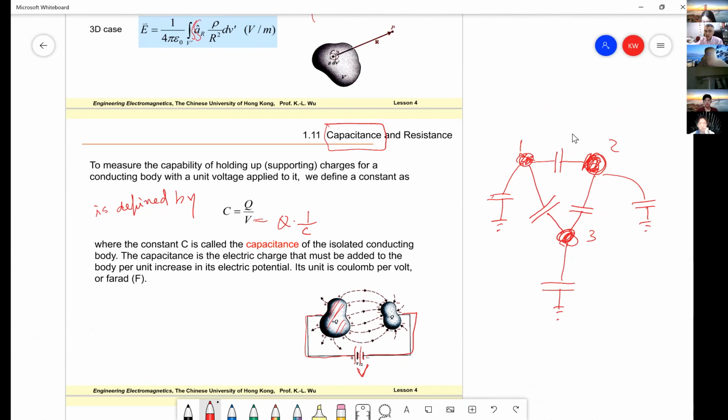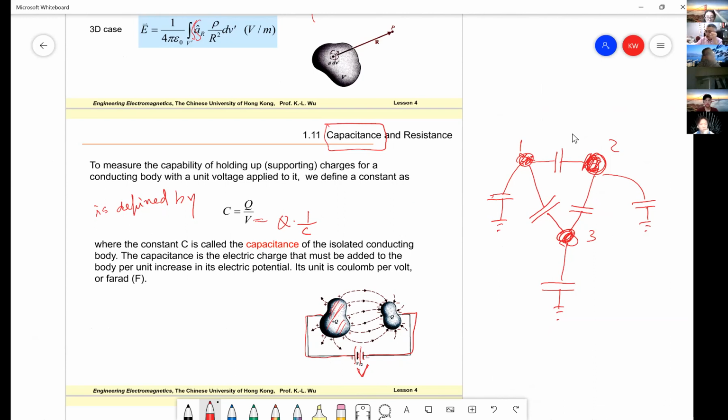Then you can see the capacitance only depends on the geometry, the structure, and the property of the conductors.